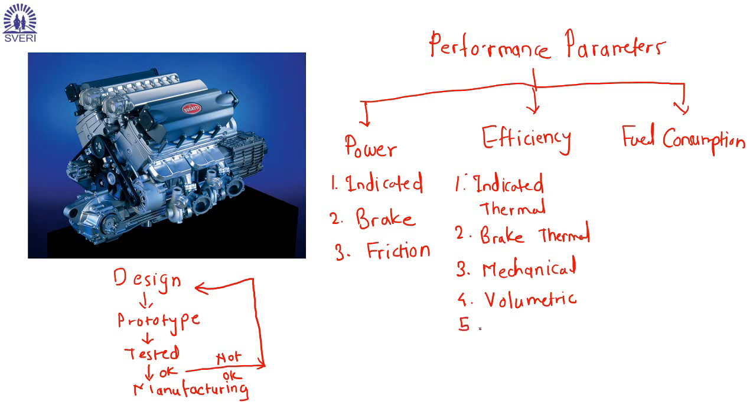Then we have relative efficiency. Sixth, we have scavenging. Seven, we have charge. And eight, we have combustion efficiency. So all these efficiencies are studied. Based on that, the performance of engine is being tested.